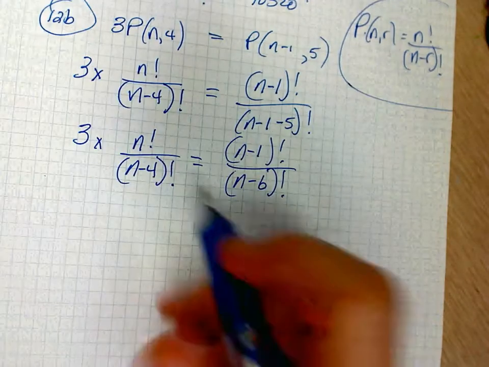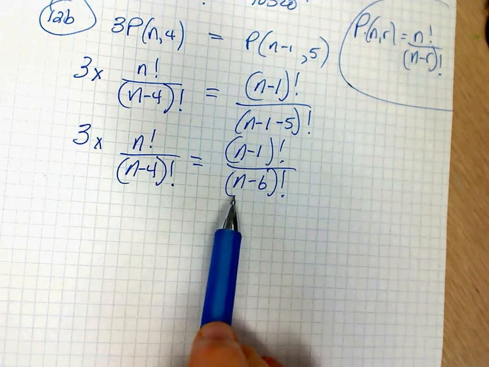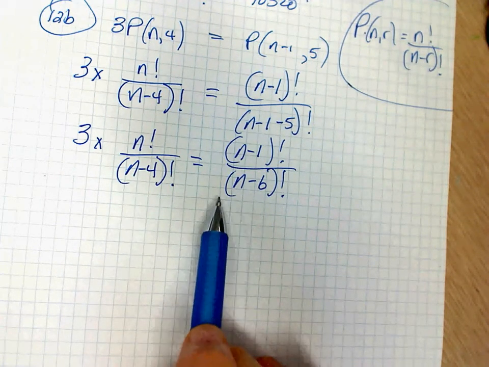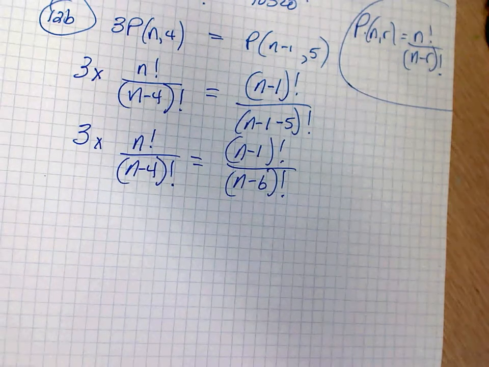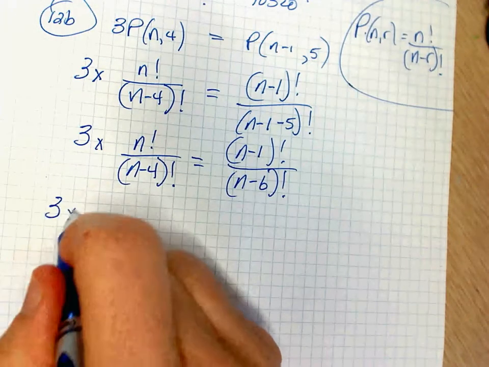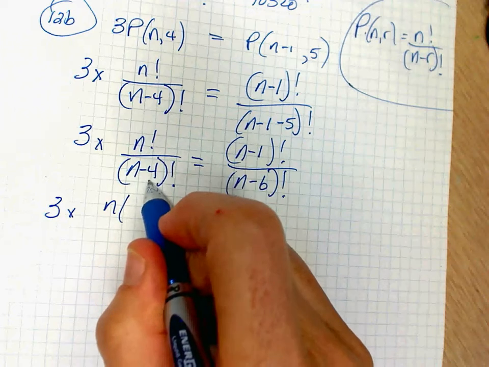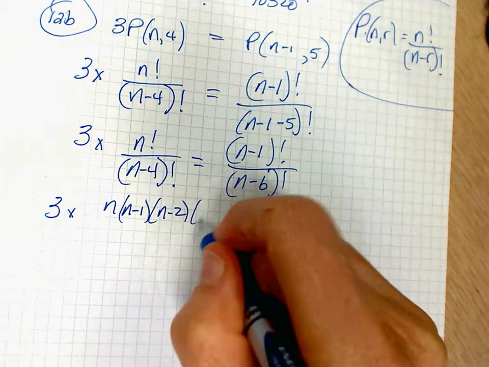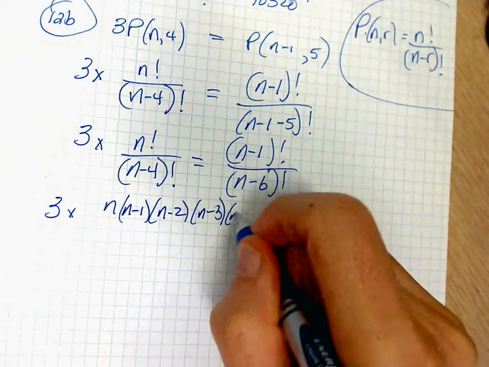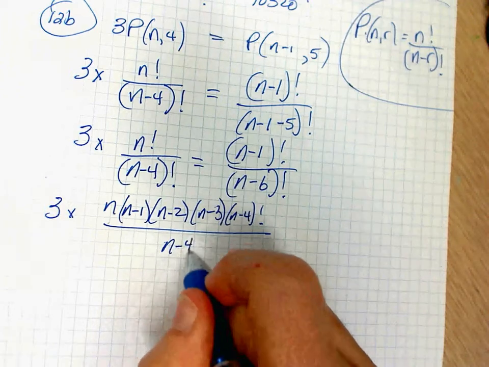So the first thing we have to do is get rid of the factorial. So we'll work with both sides and see what we end up with. So we have 3 times n. We'll bring the numerator down to the denominator: n minus 1, n minus 2, n minus 3, n minus 4 factorial all over n minus 4 factorial.